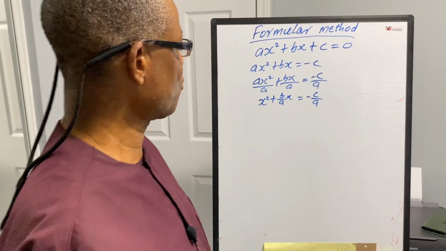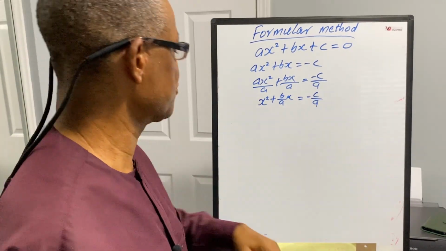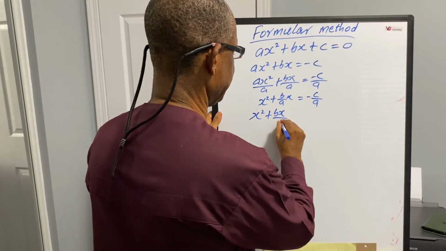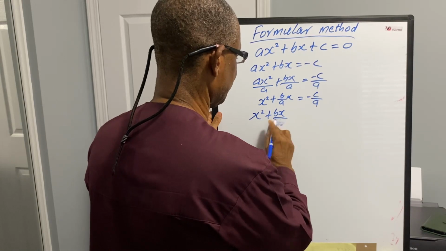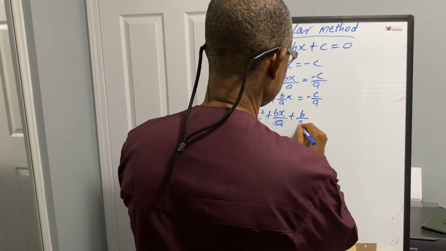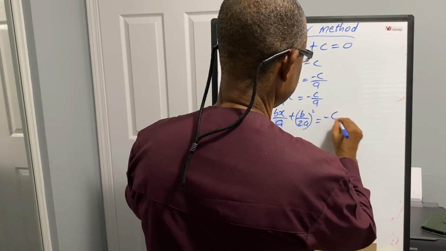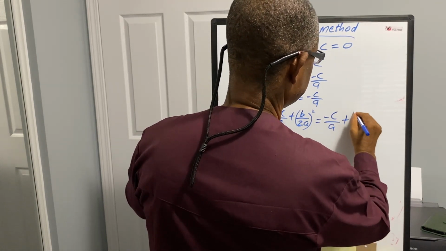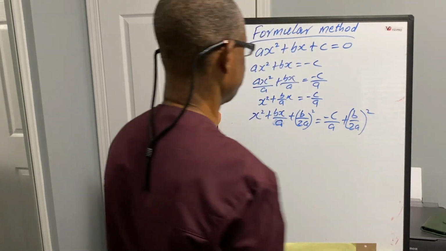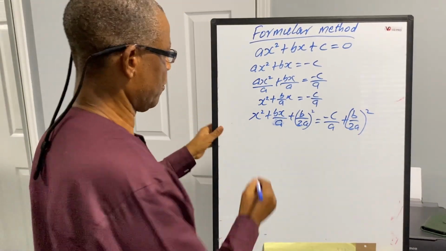Step 3, add the square of the half of the coefficient of the first degree on both sides. X squared plus bx over a, this time over a first of all. Remember we are adding, we add plus (b over 2a) squared on both sides, equals minus c over a plus (b over 2a) squared. We now express the left hand side in a perfect square form.